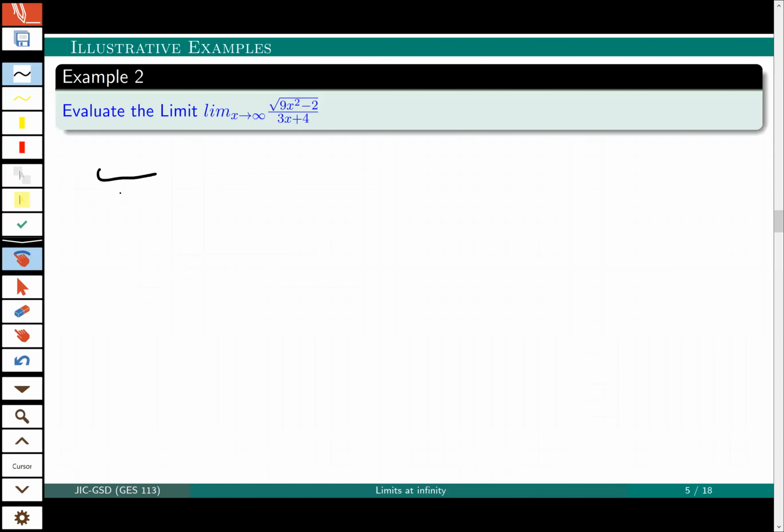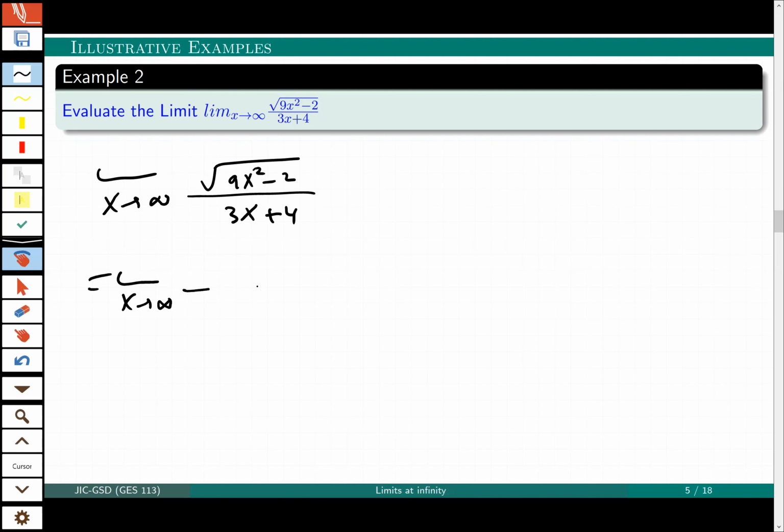Now, when I have limit when x goes to infinity of square root of 9x squared minus 2 divided by 3x plus 4, taking the largest power: in the first one, which is under the root, it will be 9x squared. And in the denominator, I have 3x. I have to be careful here when dealing with square root. Square root of 9 is 3, but square root of x squared is absolute value of x, over 3x. 3 is going to cancel with the 3.